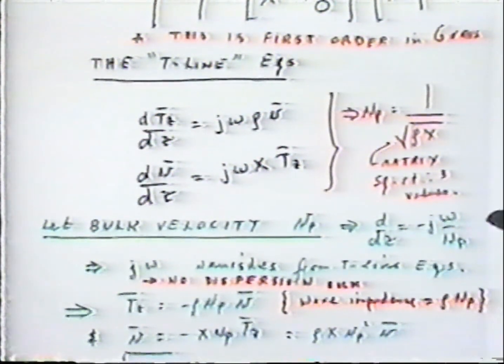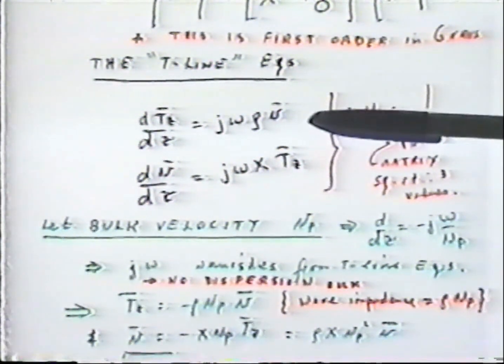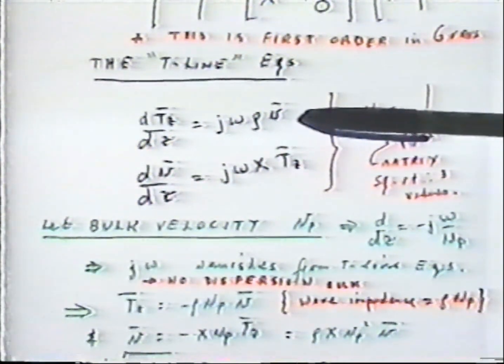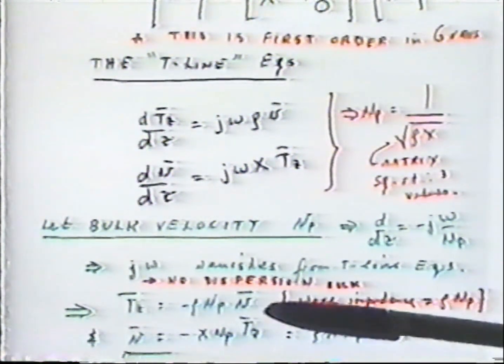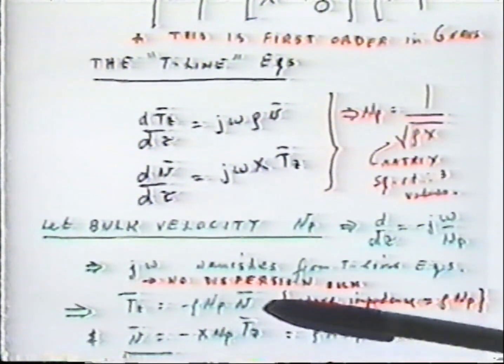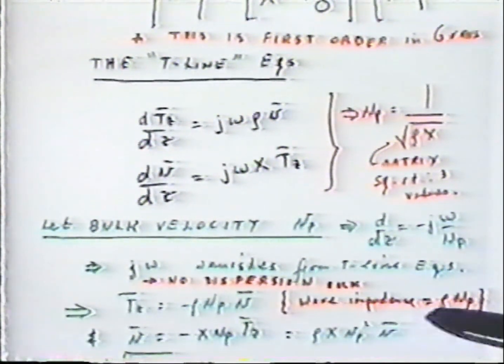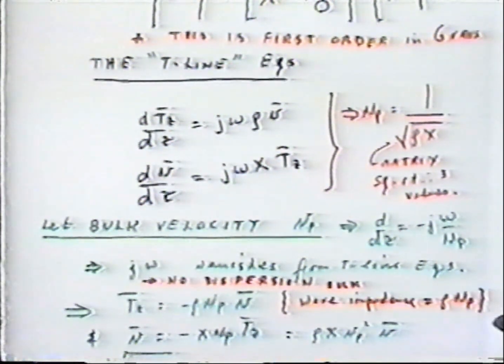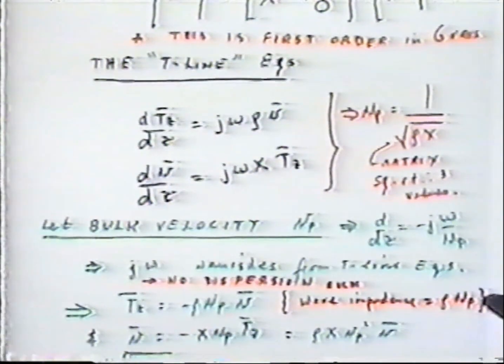Well, if you put that in here, the j omegas will disappear, and you'll be left with t sub z is minus rho phase velocity times the velocity vector. This coefficient rho v is the mechanical impedance of the material. You may have come across that concept before.